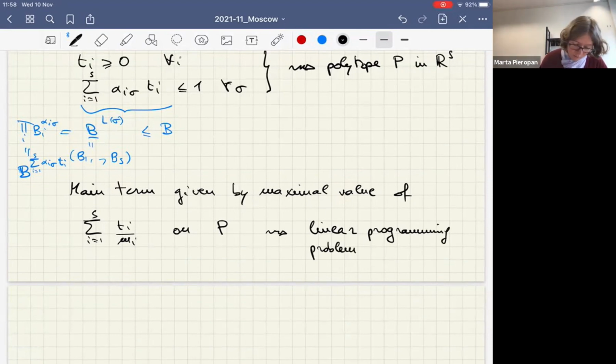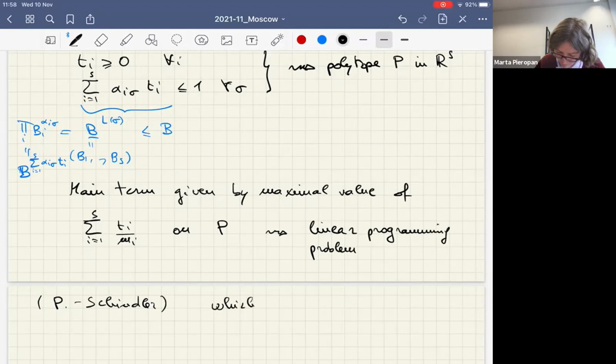And what I prove in joint work with Damaris Schindler is first that this linear programming problem is dual to the linear programming problem in the definition of the Fujita invariant.